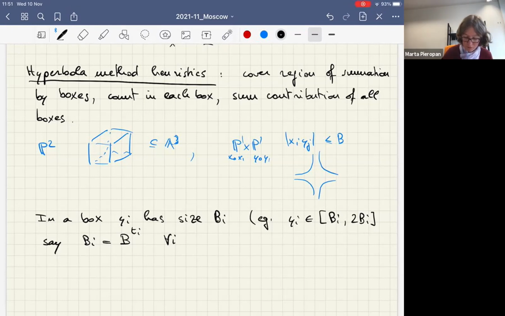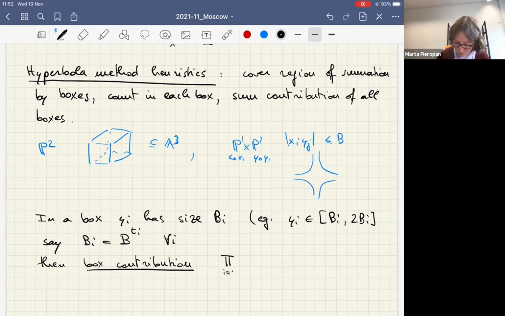And then if we have one such box, I can try to understand the contribution of this box to the summation. So how many points are there in one such box? If I were counting just integers there inside, I would have more or less up to some constant bi for each coordinate.